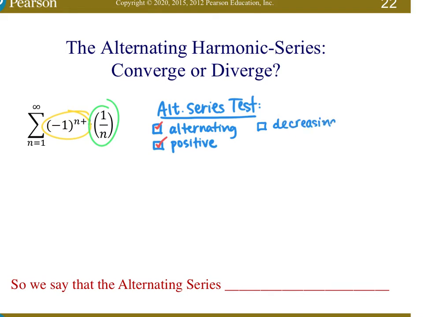And yes, they are decreasing. And finally, not just decreasing, but are they approaching 0? And as the denominator grows infinitely large, then the value grows infinitely small. And so we know that the alternating harmonic series does converge.